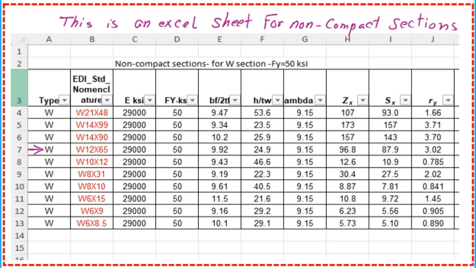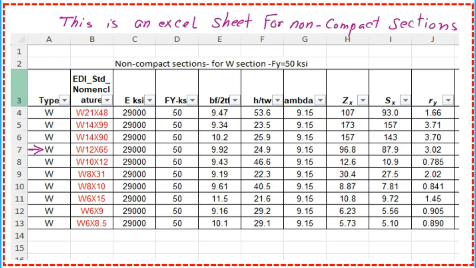I have taken this Excel sheet from the AISC sheet for the sections and introduced columns that represent modulus of elasticity as 29,000, F yield equals 50.